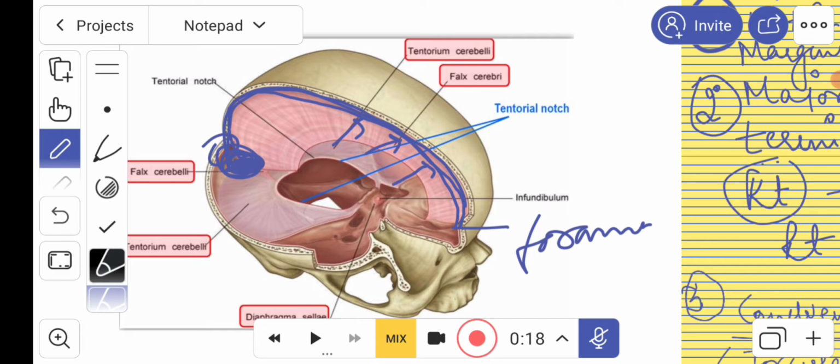Blood flows in the superior sagittal sinus from anterior to posterior, and these veins drain their blood in the opposite direction of the flow of the blood to prevent the collapse or the closure of the opening. So these veins are obliquely placed.